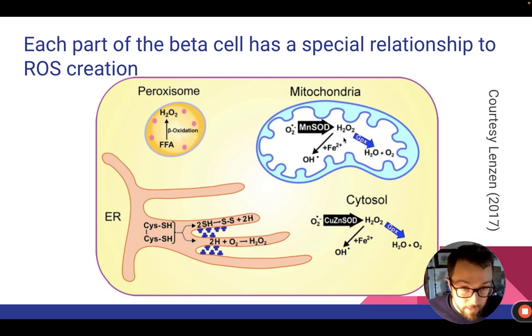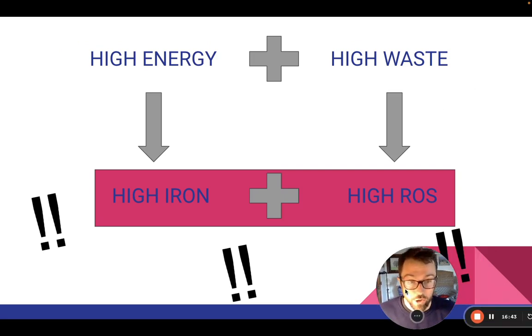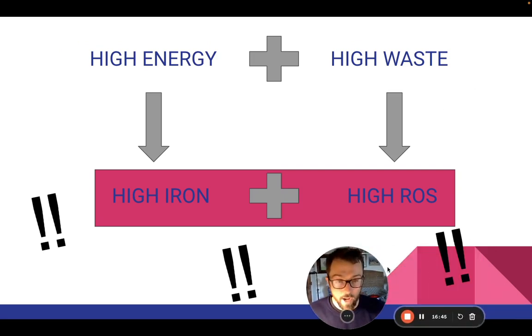And because the mitochondria is a place where a lot of energy, a lot of waste, and a lot of iron is coexisting, it makes for some precarious situations, especially if you do not have the correct systems in place to neutralize those very toxic components, right?